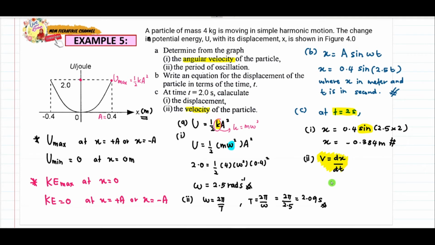Okay, so automatically I will get v is equal to, I directly write, A omega cos omega t. So this is the general equation. Earlier here we had the general equation for displacement; this is the general equation of the velocity after differentiation.